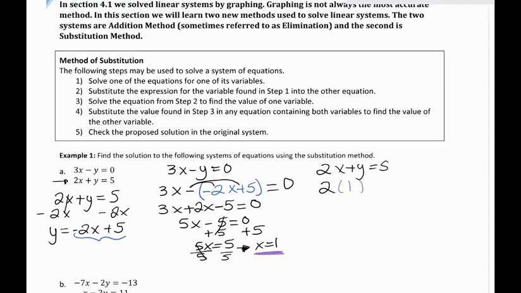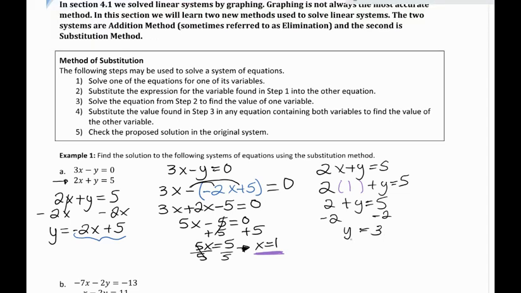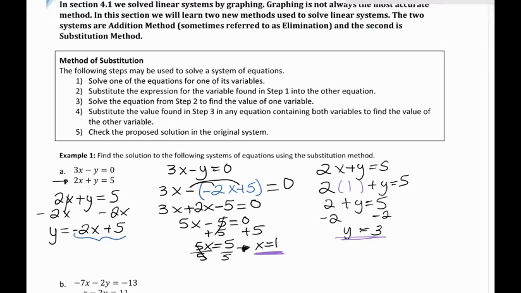So 2 times 1 plus y equals 5. So I have 2 plus y equal to 5. We subtract 2 on both sides. So y equals 3. So that means that my solution, remember, solutions are an ordered pair, is 1, 3.